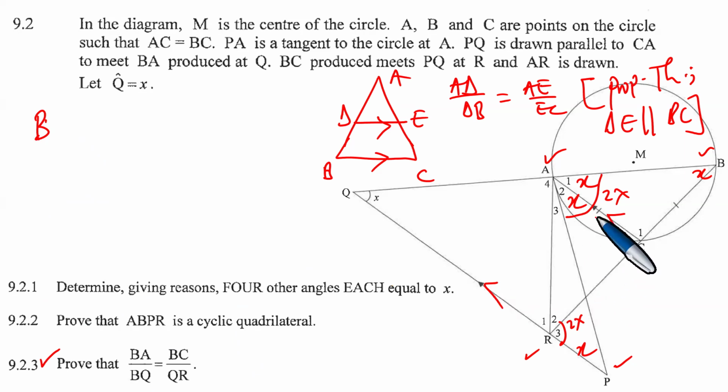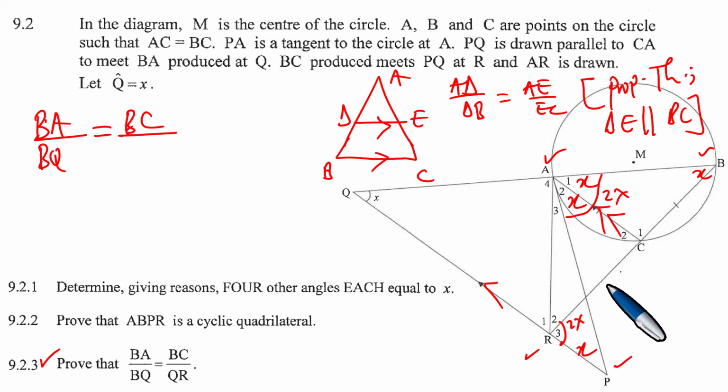Because you already have that this is parallel to that, and this is parallel to that, we have that BA over BQ is BC over BR.